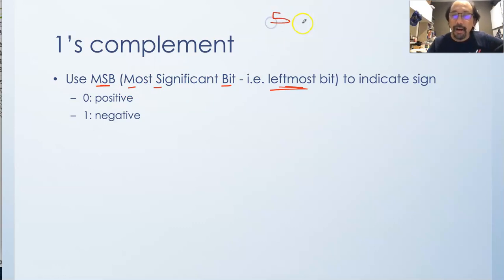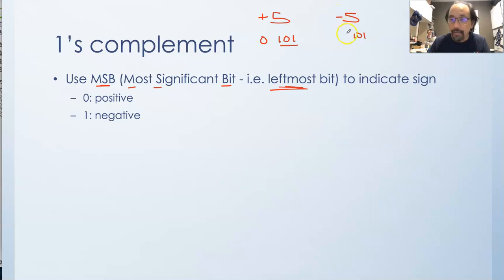Say I have 5, and I want to represent both a negative and a positive value here. So instead of using a symbol, we're going to use a bit. I have my binary value 101, and for the positive version of it, I'm going to put a 0 in front of it.